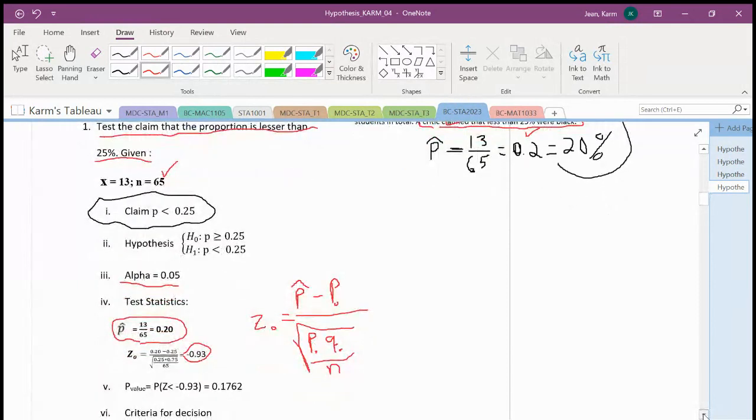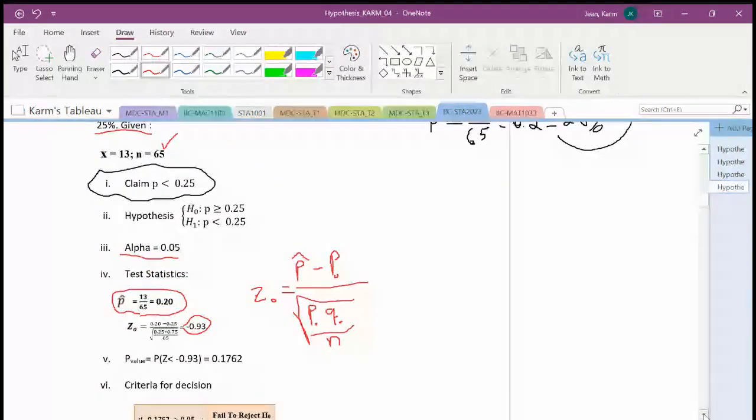So now after that, I've tried to get the p-value. Now because my claim was with H1, and at the same time, I noticed that this is going to be a one tail. H1 is pointing to the left. So the type of one tail will be a left tail, because H1 is pointing to the left.